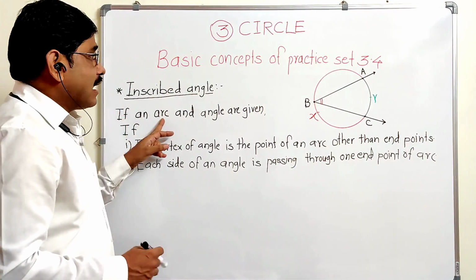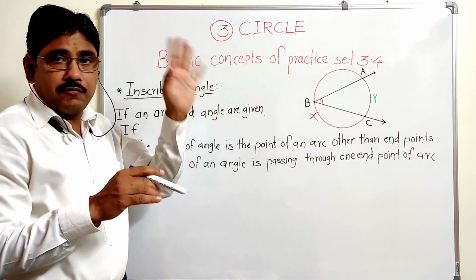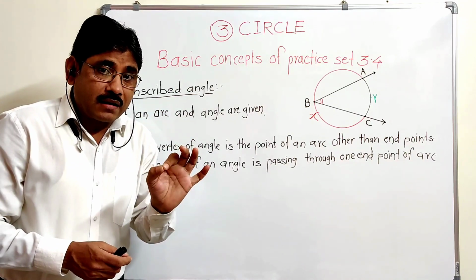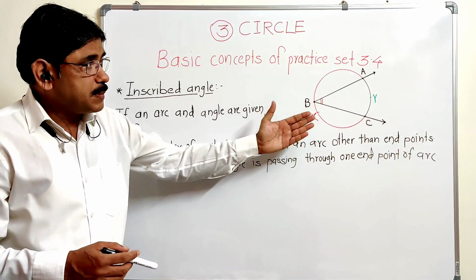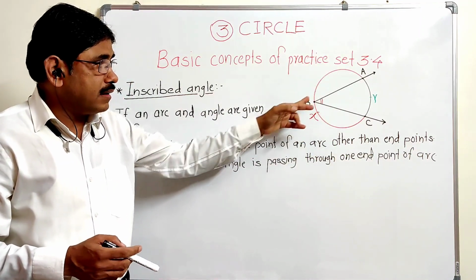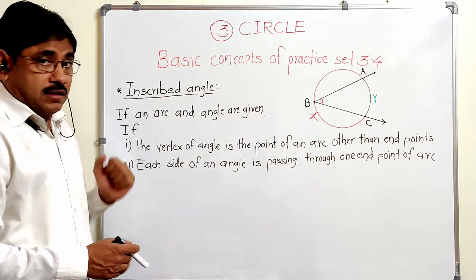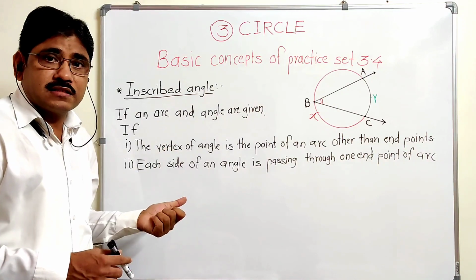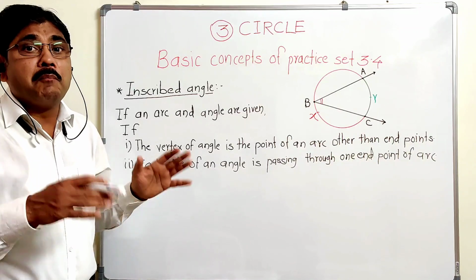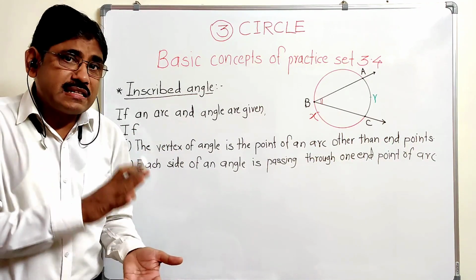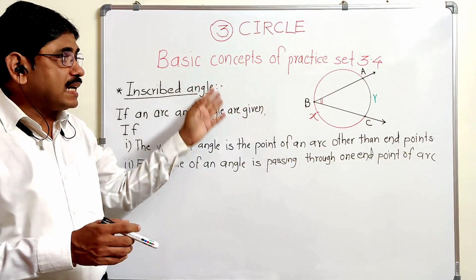Here, if an arc AXC and an angle ABC are given, and if they fulfill these two conditions, then we can say this angle ABC is inscribed in that arc.